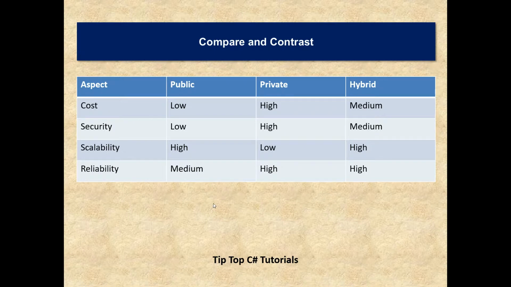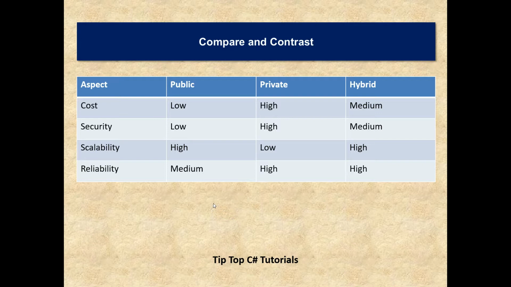Reliability. Public cloud, as you may know, is a shared infrastructure and it's accessed over the internet by different companies, different users, different sets of providers. So definitely the reliability is taking a hit here. So it's medium. For private cloud, it's quite high because you are responsible for setting up the ins and outs of the labs and infrastructure.